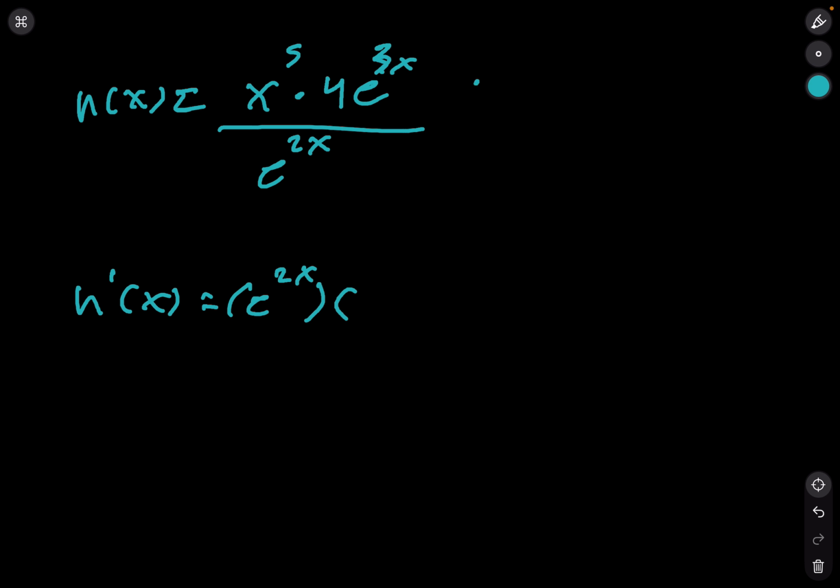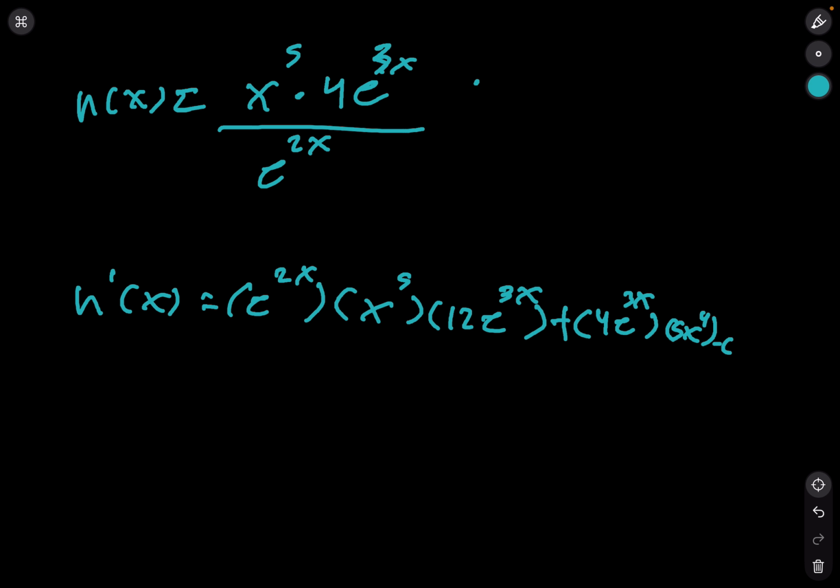This is product rule. If you want to take the derivative of the top function, you have to do product rule. So it'll be x to the 5th, then take the derivative of the e function. So it'll be 12e to the 3x plus 4e to the 3x times the derivative of x to the 5th, which is just 5x to the 4th. Then you still have to do your minus.